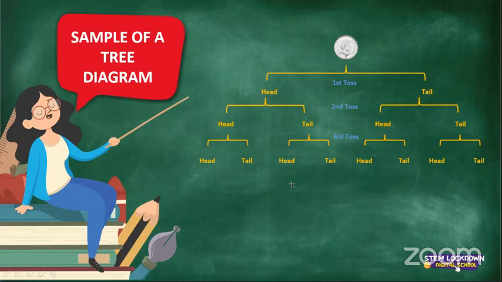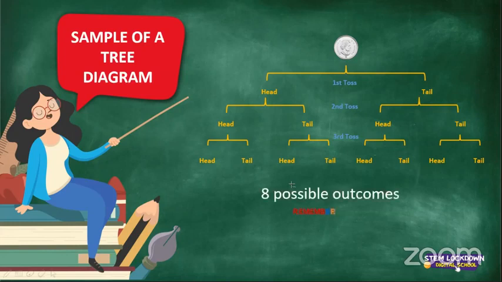If we go down the line, you will see the first one was head, head, head, then head, head, tail. Or we can have head, tail, head, head, tail, tail. Yes, there we go, Megan. You can just count them down there, 1, 2, 3, 4, 5, 6, 7, 8 possible outcomes.